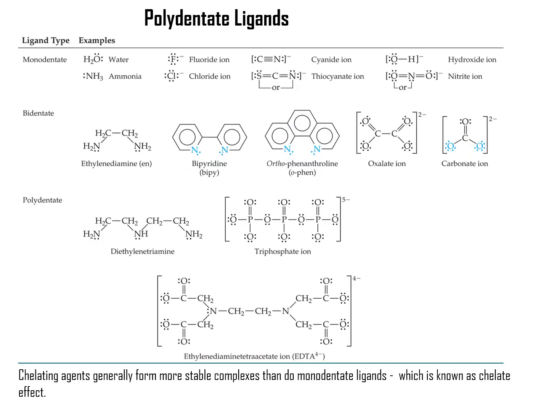Here is the bidentate ligand ethylenediamine. These are the donor centers with lone pairs of electrons: bipyridine, orthophenanthroline, oxalate, carbonate ion, and these are polydentate ligands.